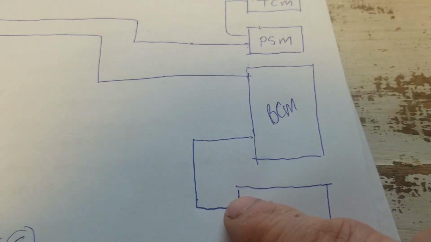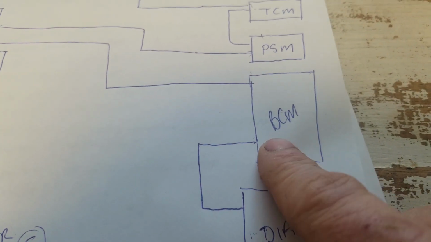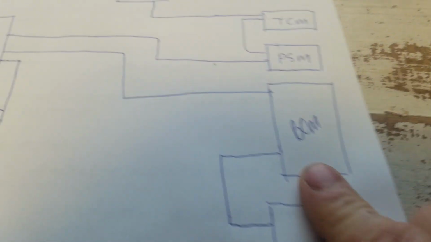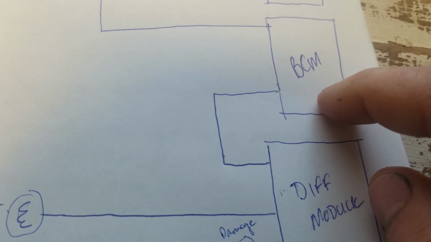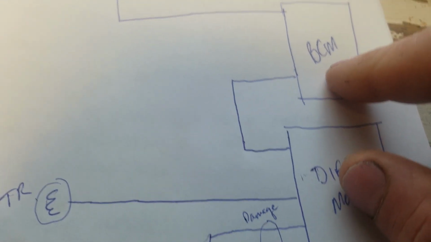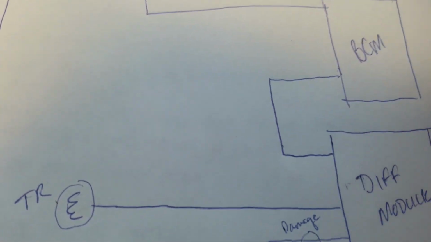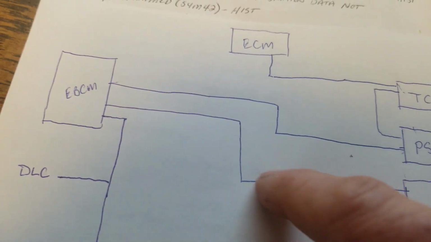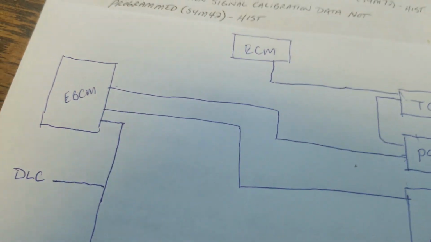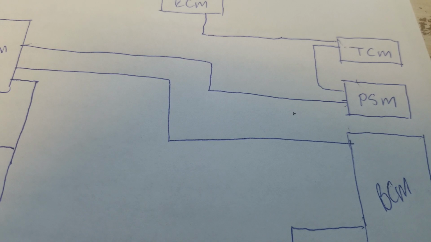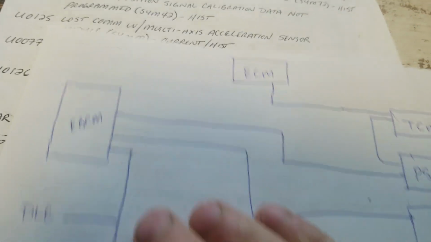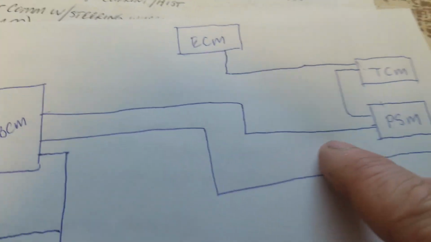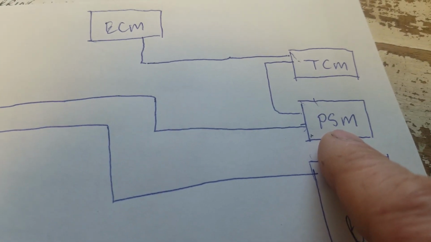Then there's another 2 that run up and over to the body control module. So the body control module and the diff module share information. All of this is interconnected. Then our body control module also talks back and forth with our electronic brake control module. The electronic brake control module talks back and forth with the power steering module.